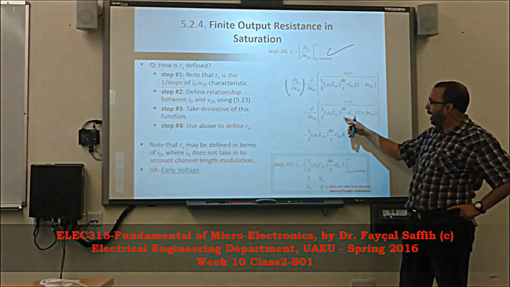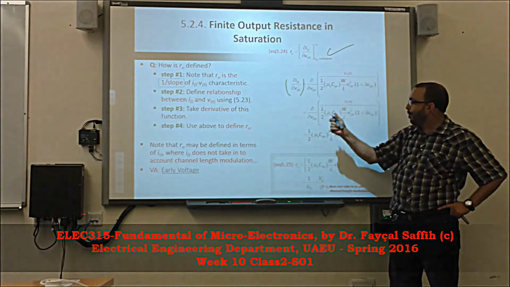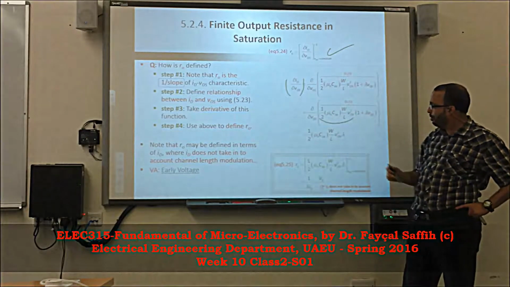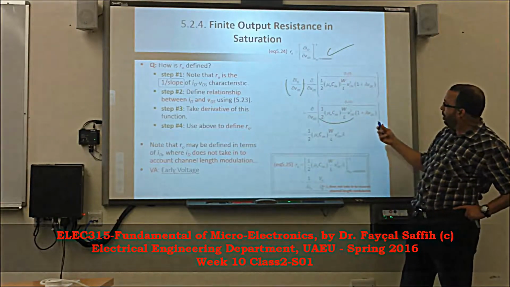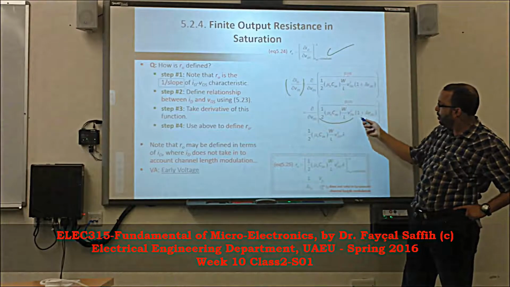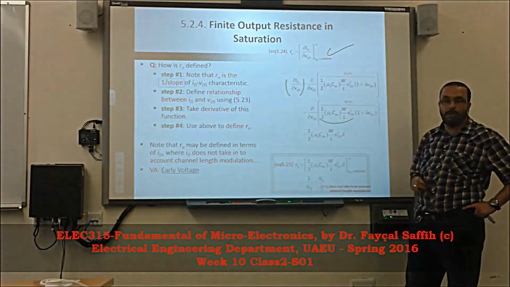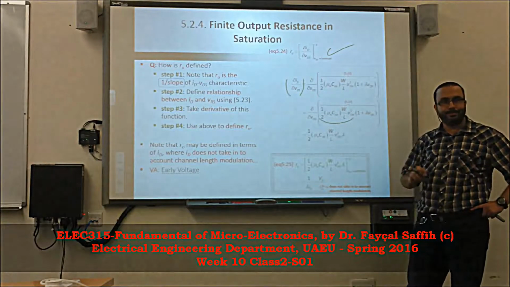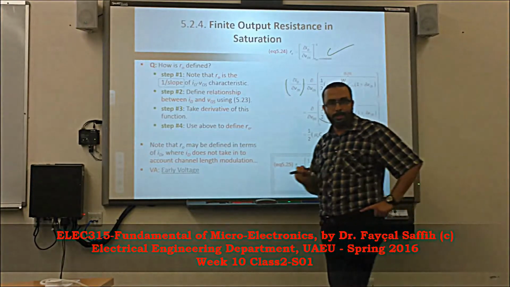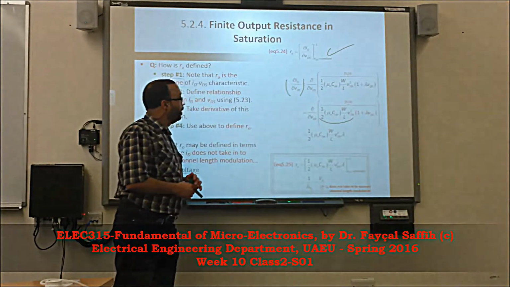That's why L in this case is constant, so these stay out. And what's the remaining thing? Is the derivation of this, which is nothing but lambda. Yes or no? That's it. Got it? Good.